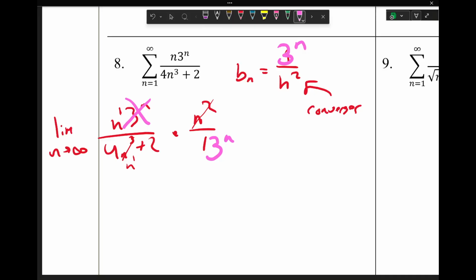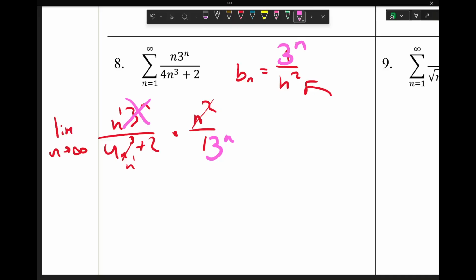Now, we haven't really talked about this much, but this is a good thing that you need to be thinking about. This is not a geometric, this is not a p-series, this is not any of those. You should still know whether this converges or diverges.